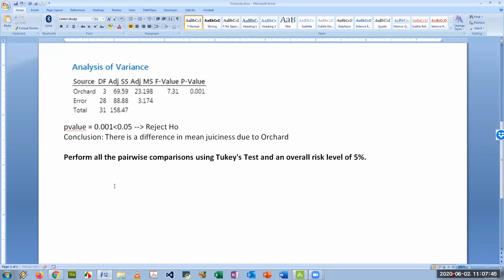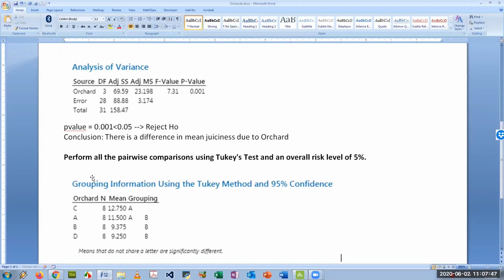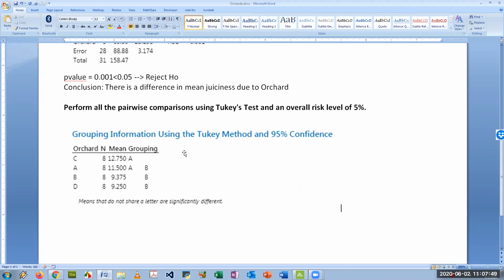Okay, so these are called pairwise comparisons, running at an overall risk of 5%. And it says that means that do not share a letter are significantly different. So if we want to think of this, we can say, okay, orchard C and orchard A are both in group A. So let's just say that we'll call that the red group. C and A are in the red group.